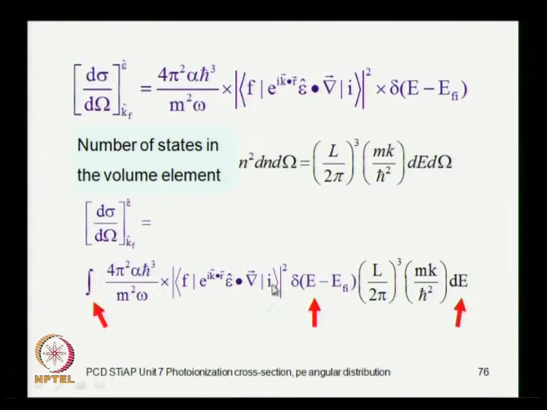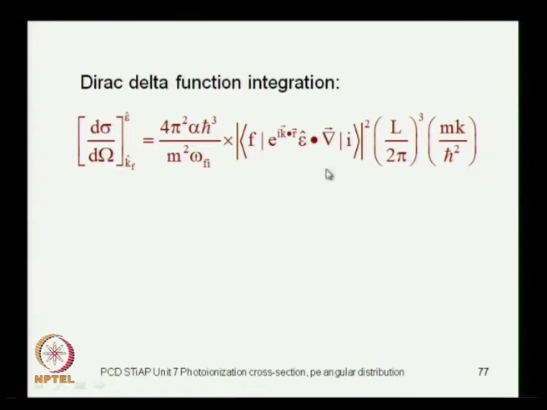So, you will get the integrand only for the particular value of E corresponding to E Fi. That is the only term which will contribute, and that is what you get over here. So, E equal to E Fi will correspond to omega equal to omega Fi.